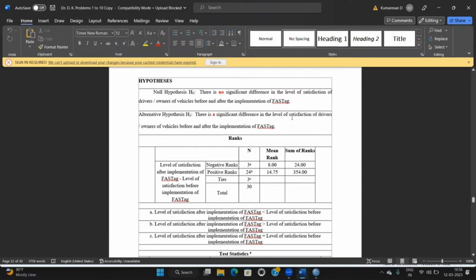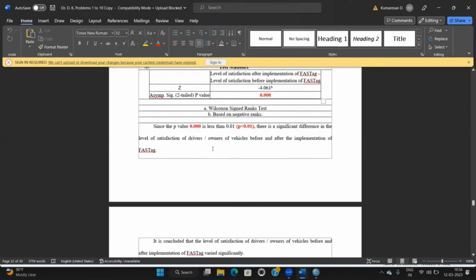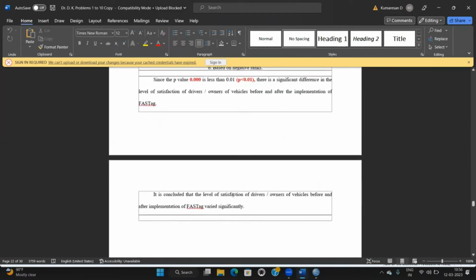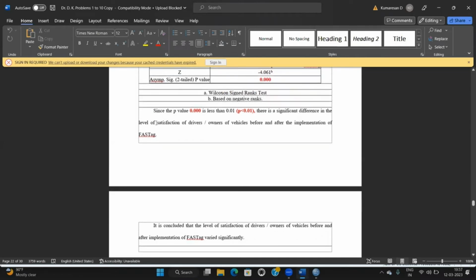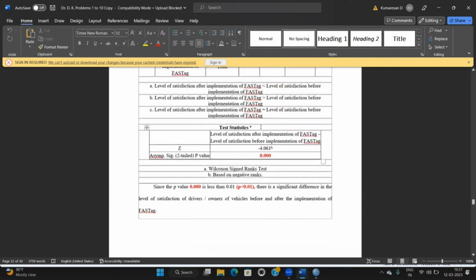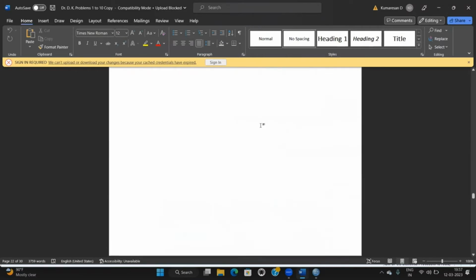If the alternative hypothesis is accepted, what does it mean? There is a significant difference. So we conclude that the level of satisfaction of drivers and owners of vehicles before and after the implementation of FASTag is significantly different. But what is the question?